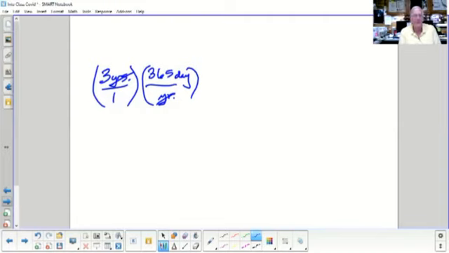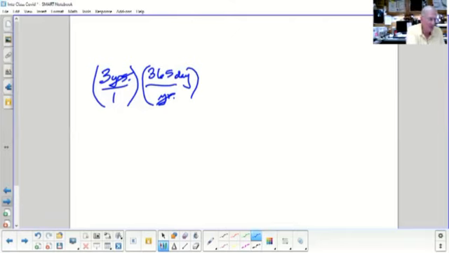Okay, so we're down to days. Now we're going to attempt to go to the next thing lower. The next thing below days is hours, right? There are 24 hours in every one day. So where will days go so that days cancel out?